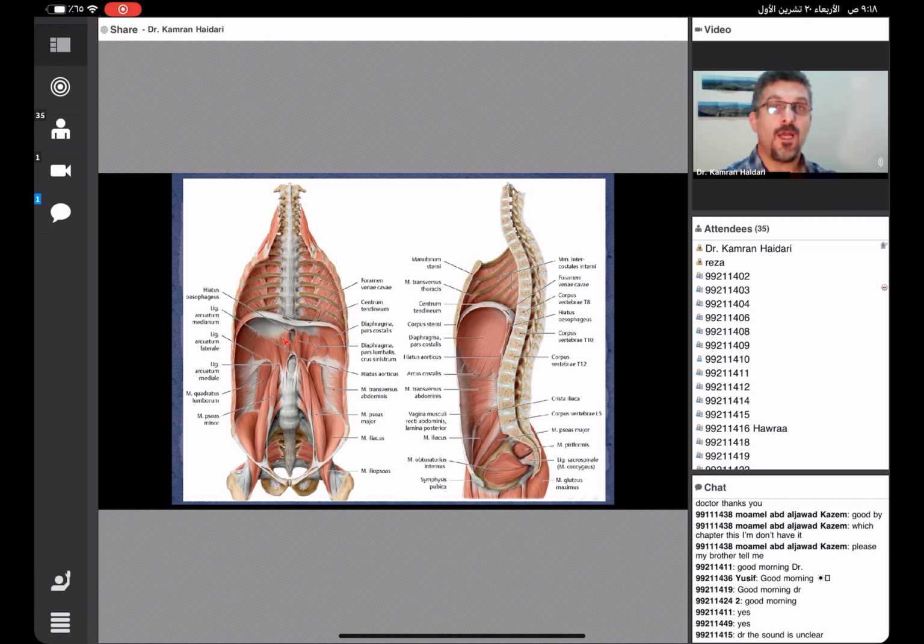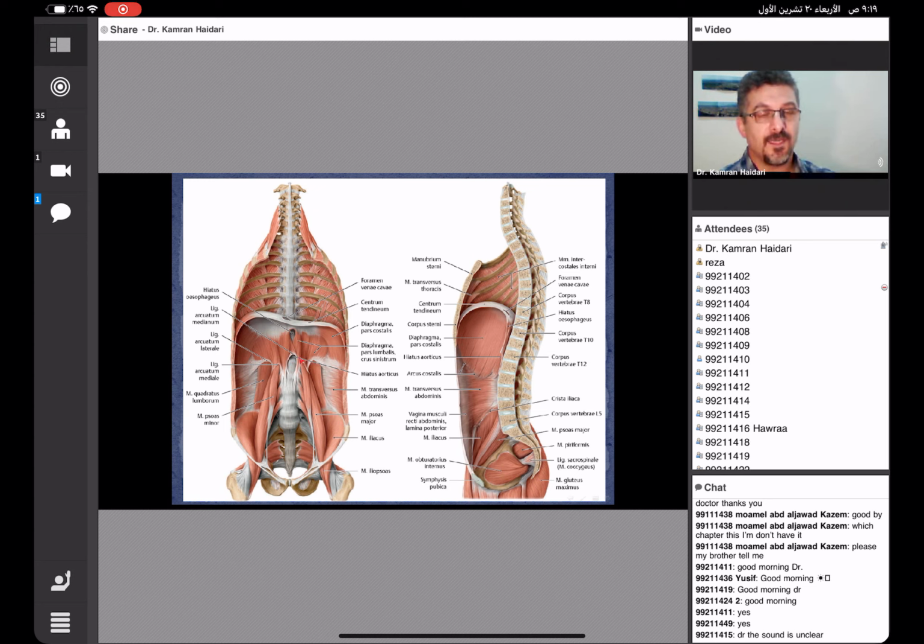Okay, but the right crus and the left crus, below the esophageal orifice, make this hiatus. This is the aortic hiatus for passing the descending aorta. This is between the right and the left crus.